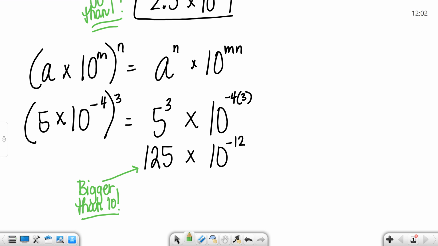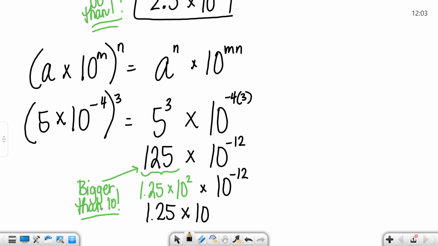It's 10 or bigger. So we're going to write this in scientific notation, 1.25 times 10 to the second power. And I still have this 10 to the -12 out here. So I multiply and add those two exponents to get 10 to the -10. So that would be my answer.